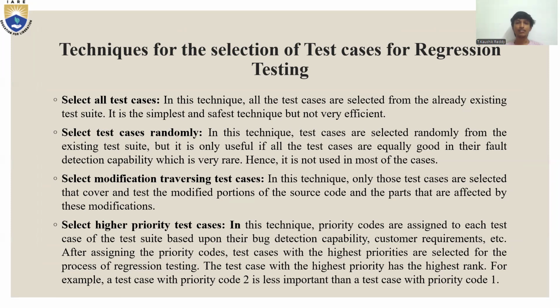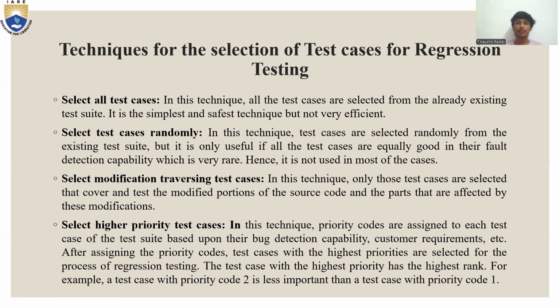Select modification traversing test cases. In this technique, only those test cases are selected that cover and test the modified portions of the source code, and the paths affected by these modifications. Select higher priority test cases.